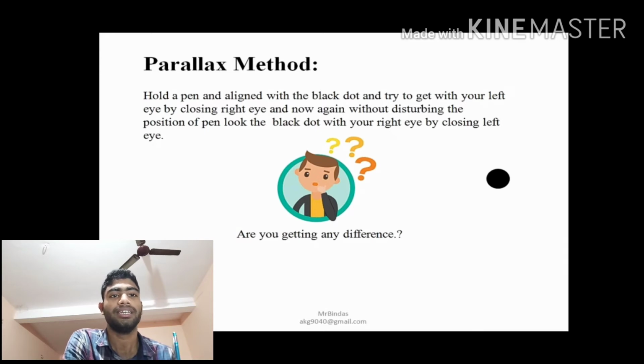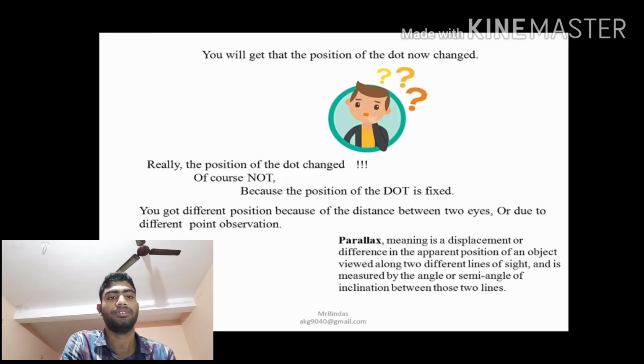Okay, then what did you find? Just think a little. Did you get any difference? Hope you got some difference. You found that the position of the dot changes when you observe from two different positions, or two different eyes. This basically happens because of the distance between the two eyes.